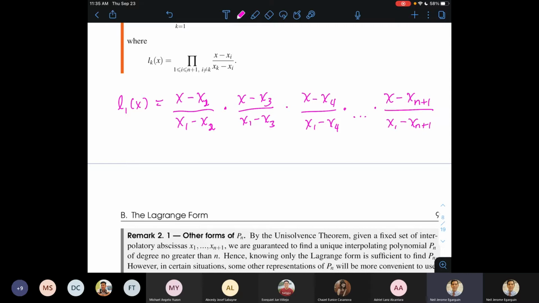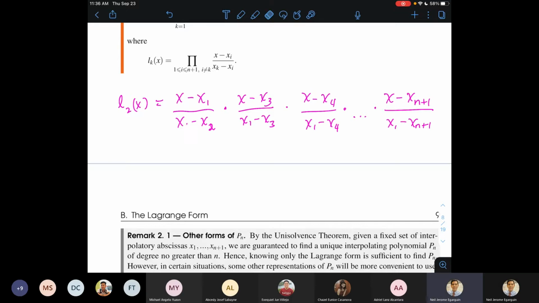Okay, and then if you're looking at the second Lagrange basis polynomial, you'll do L2. So what's forbidden now is to have x minus x2 in the product. So this x2 that I wrote here is no longer allowed. But I'll start now with x1.